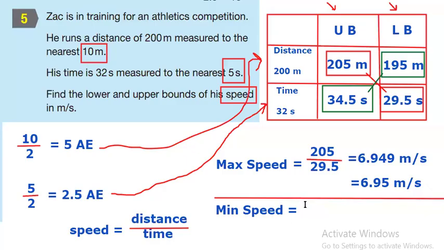So I'll write 195 divided by 34.5. This will give me the least speed or the lowest speed or the minimum speed for this trainer or athlete. So here, 195 divided by 34.5.